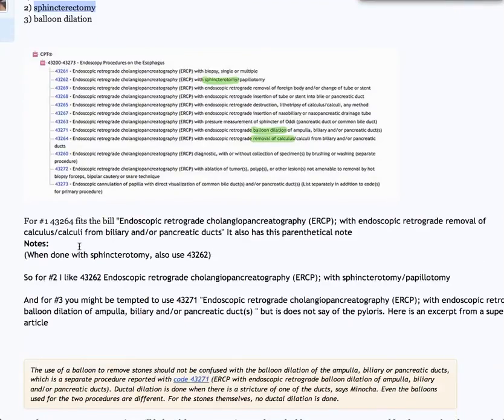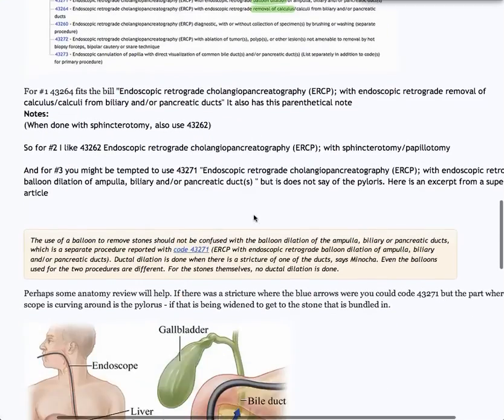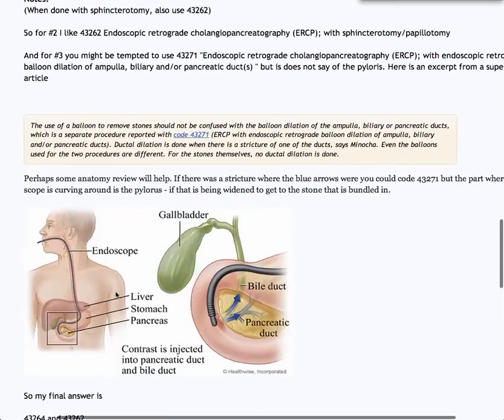So when you first read it, the 43271 is with the endoscopic retrograde balloon dilation of the ampulla, biliary, and or pancreatic ducts. If we do a little bit of anatomy review here, these little ducts are what it's talking about.